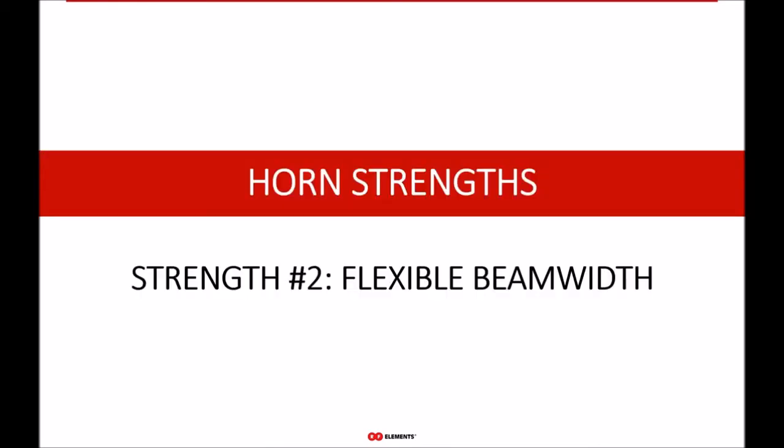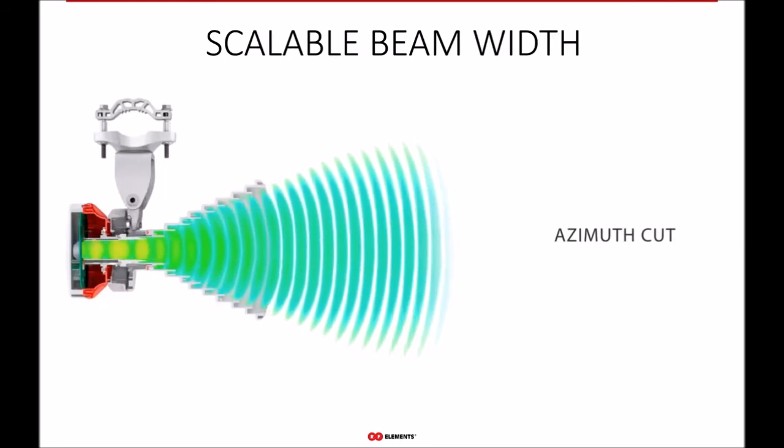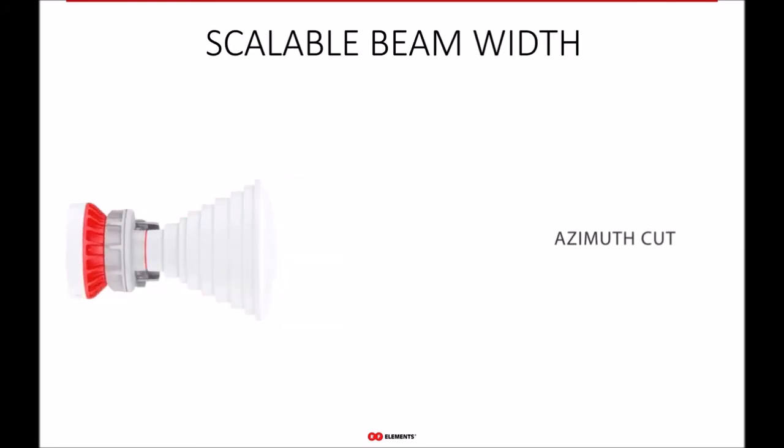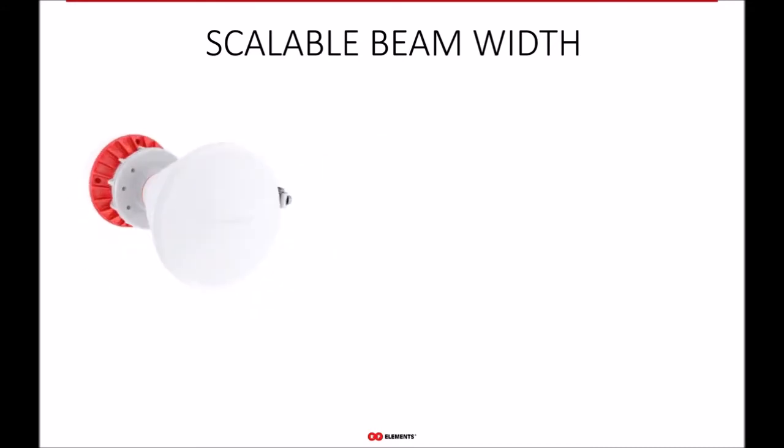Let's continue with the strengths of the horn, and now we'll look at the beam width we can achieve with horns. Horn technology has the flexibility needed to provide the beam widths fitting various coverage scenarios.